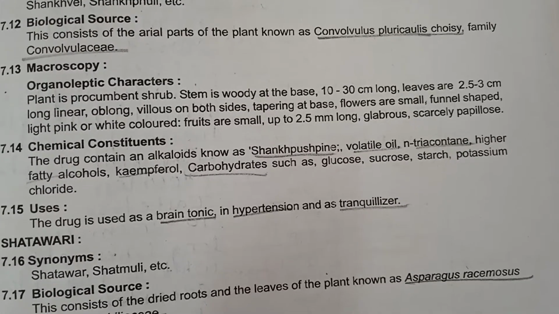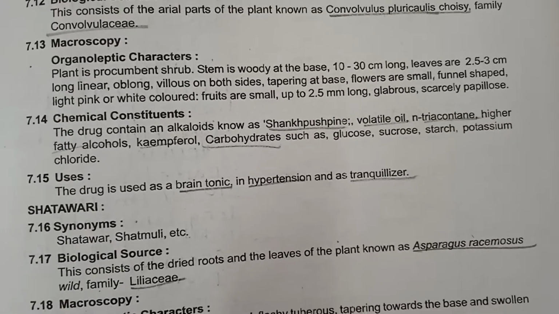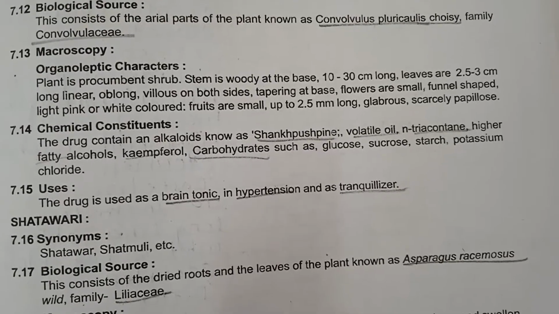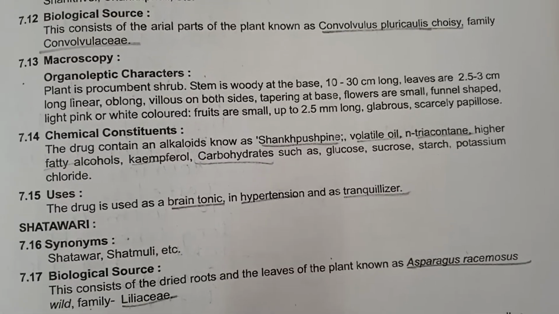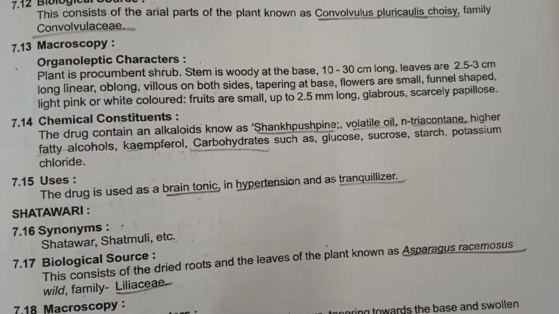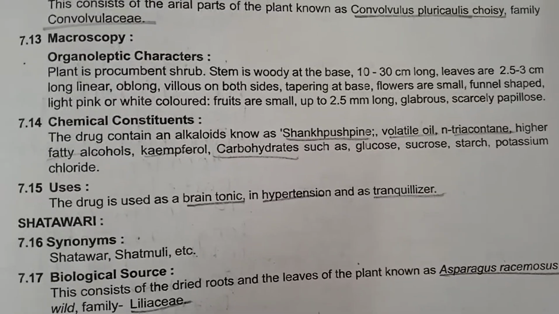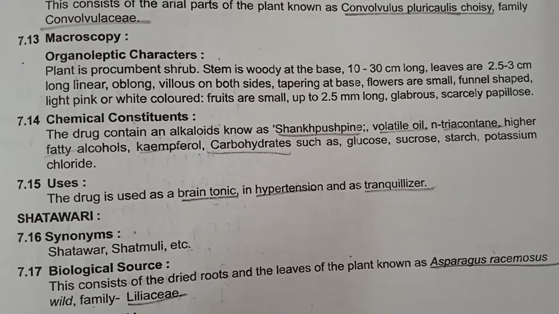Chemical constituents: it contains the alkaloid shankhapushpine, volatile oil, n-triacontane, higher fatty alcohols, kaempferol, carbohydrates, glucose, sucrose, starch and potassium chloride. Uses: it is used as a brain tonic. It is also used in hypertension and as a tranquilizer.